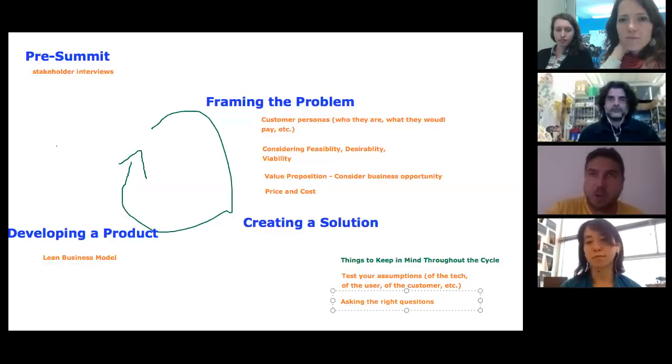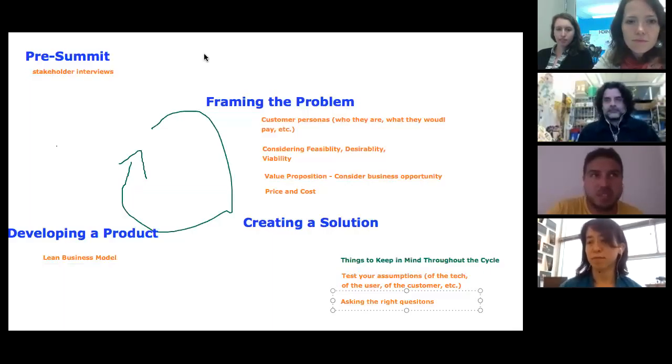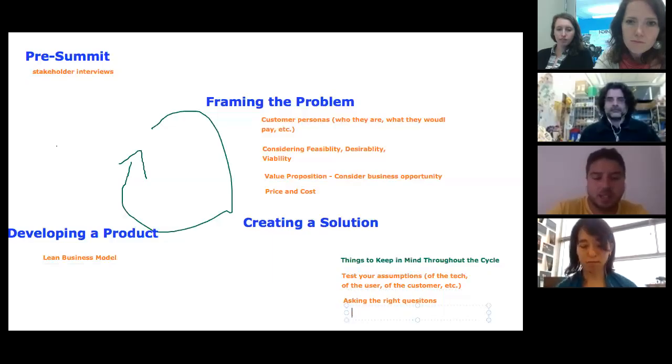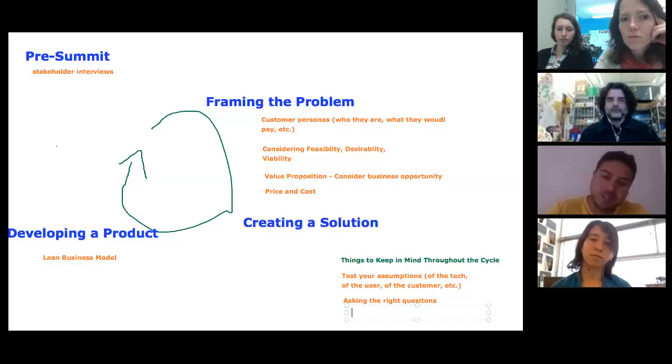For example, I can go and talk to people and say, hey, give me this information because I want to build the model. But if you go and talk and create a deep connection, I feel that this information is not as important as the connection that you created there. So what I want to say is, in the end of the summit, you can have the best business model. You can have the best way to scale your business or your idea.